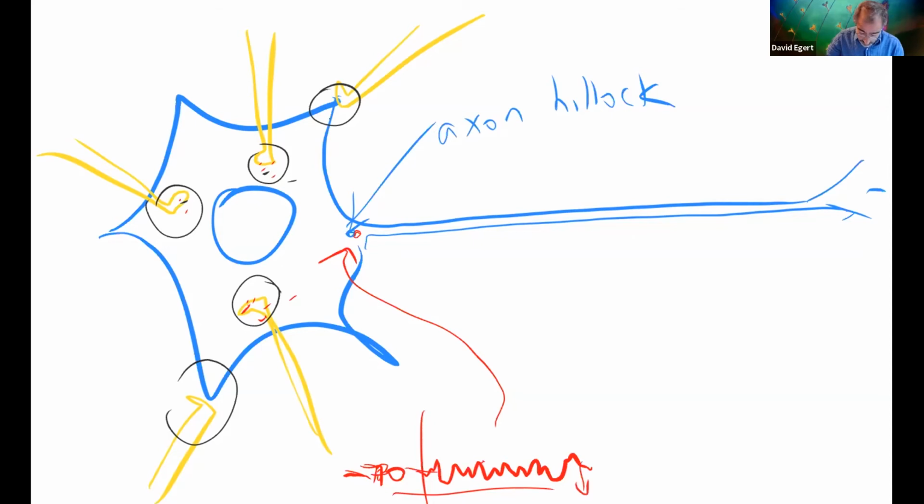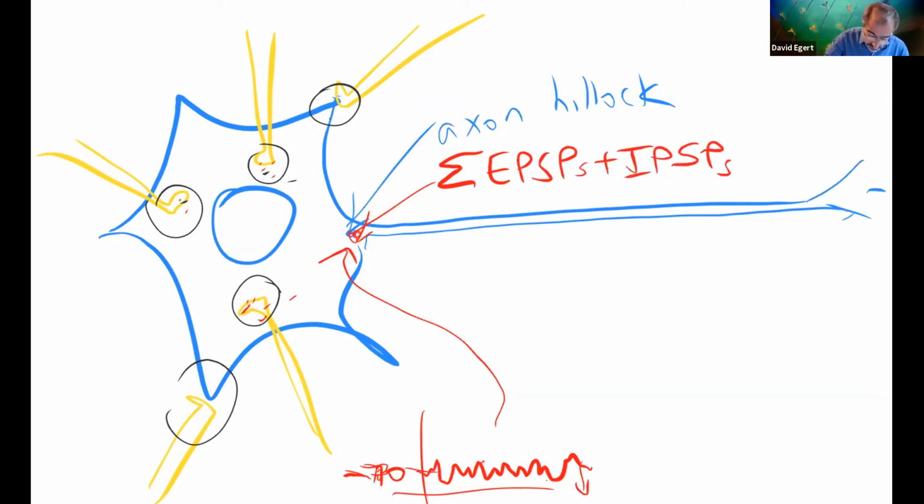driving the overall voltage lower. That's what we're looking at here: the sum of all the EPSPs and IPSPs, the addition of all the excitatory and inhibitory postsynaptic potentials at the hillock.